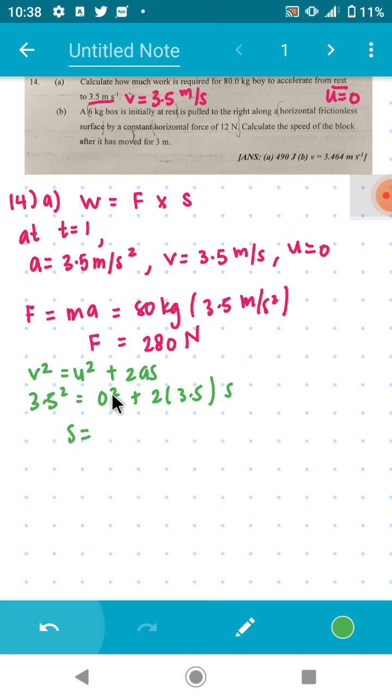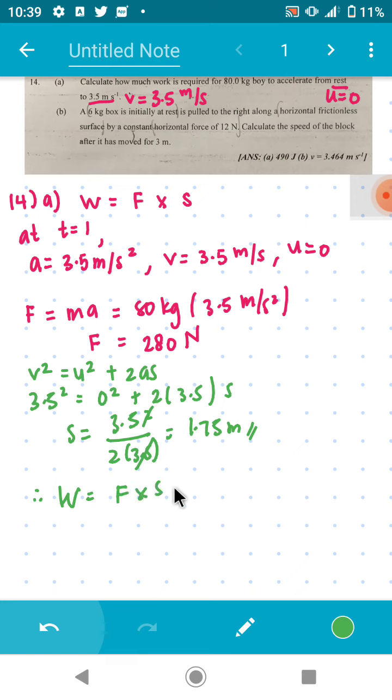So s is 3.5 square divided by 2 times 3.5, which is 3.5 divided by 2, 1.75 meter. So the work is F times s, 280 Newton times 1.75 meter, which is about 490 joule. Alright, so it's pretty simple.